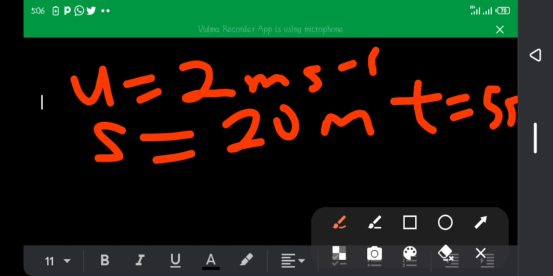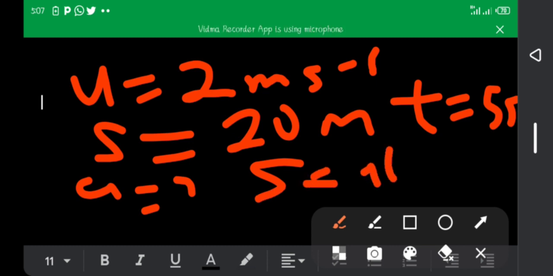So in this question we are looking for acceleration. What I always tell people when they are trying to solve any question is to write down all the parameters, and then write down the parameter you are looking for as well. Then you look for the formula that allows you to fit each and every one of them. You have U, S, T and A, so the formula is S equals UT plus half AT squared.